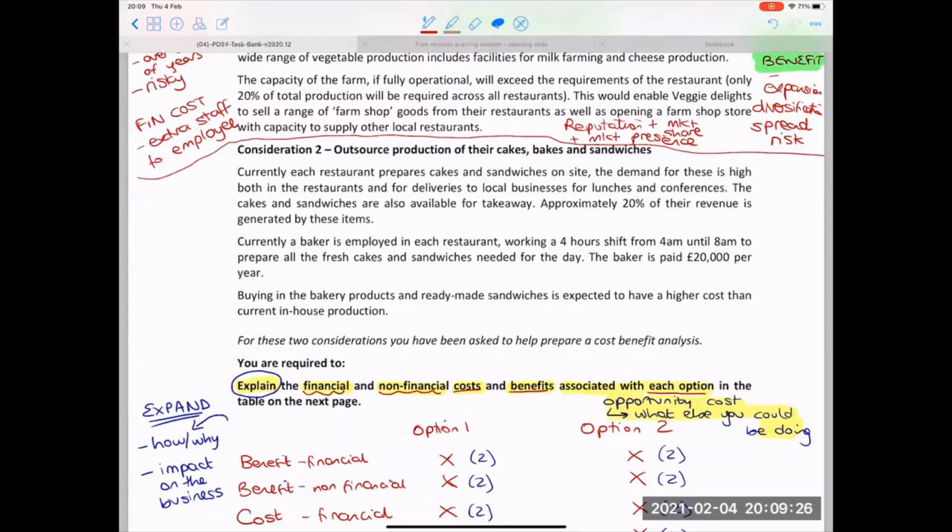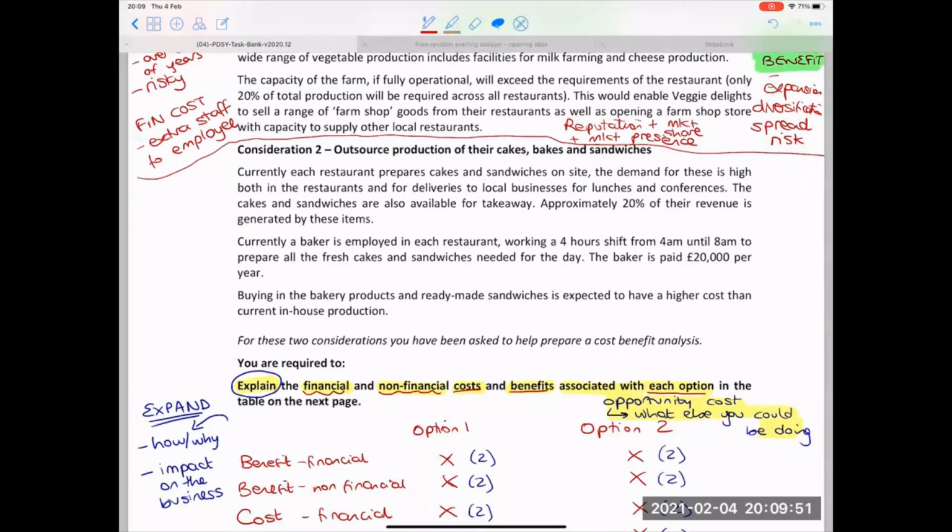There you go, fixed. Right, it says currently each restaurant prepares cakes and sandwiches on site. The demand for these is high, both in the restaurants and for deliveries to local businesses, for lunches and conferences. The cakes and sandwiches are also available for takeaway. Approximately 20% of their revenue is generated by these items.